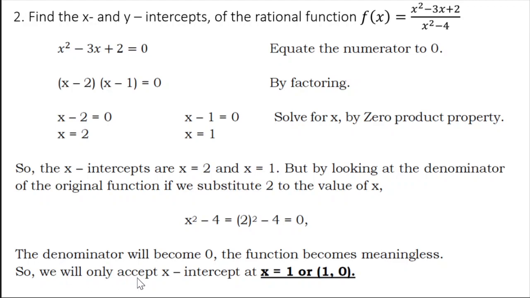So we will only accept x equal to 1 as the x-intercept, because when we use this 2 in our rational function, the function becomes undefined. So the x-intercept of this function is x equal to 1, or in the point 1 and 0.